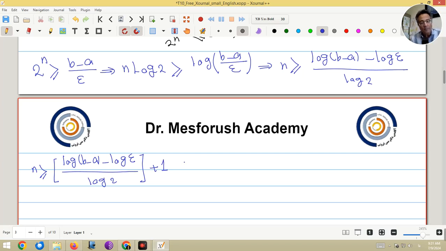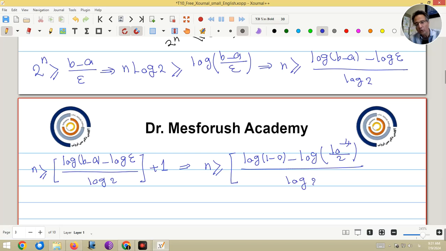Now you can put in b, a, and epsilon, so it gives n greater than or equal to (log(1 - 0) - log(10^-4/2))/log 2 plus 1.